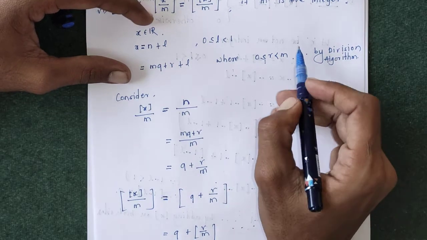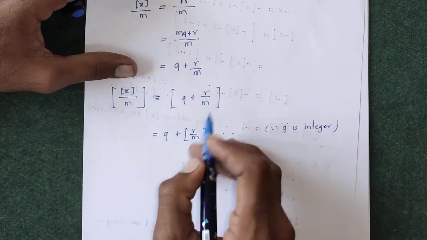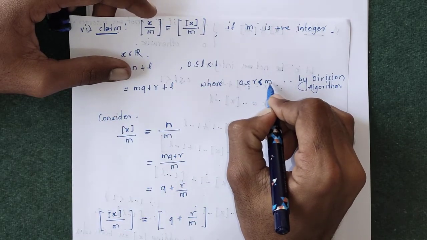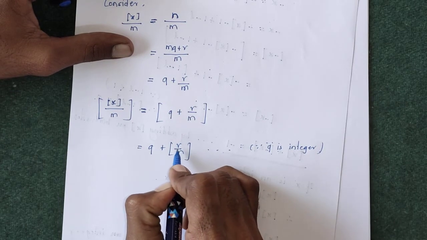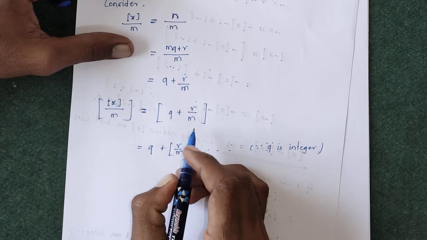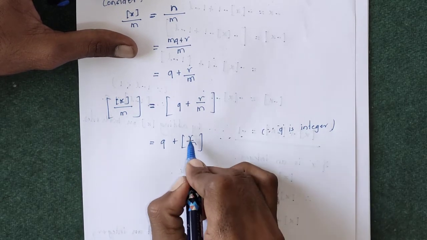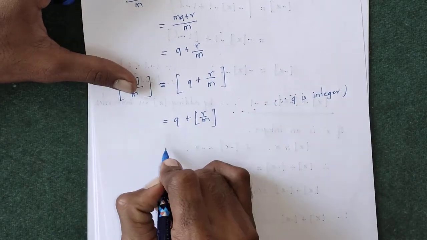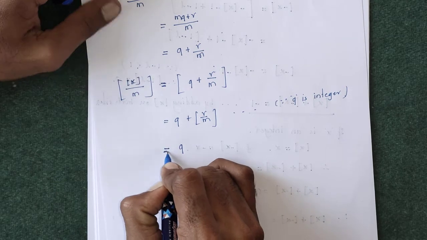and m is greater than R. Here R is less than m, or m is greater than R. Since our R is less than m, this numerator is less than the denominator. So if you divide by any larger number, our answer must be of the form 0 point something. Suppose you divide 3 by 4, then our answer is 0 point something, and the integral part of 0 point something is 0, so we will get q.